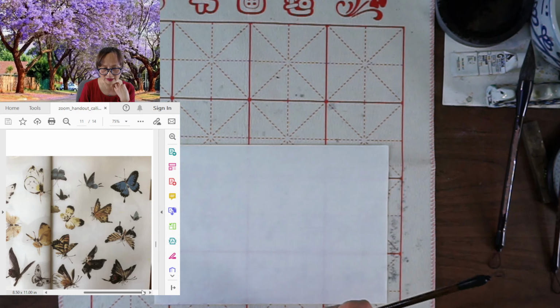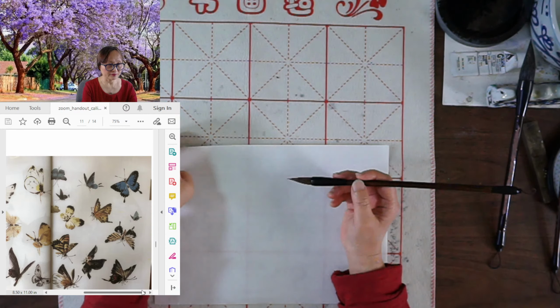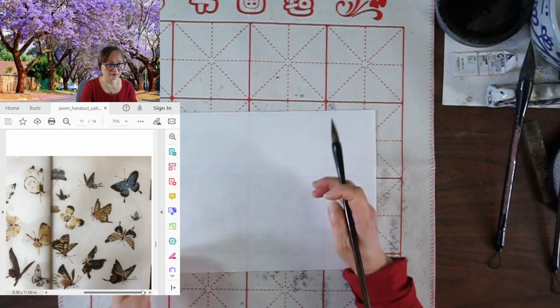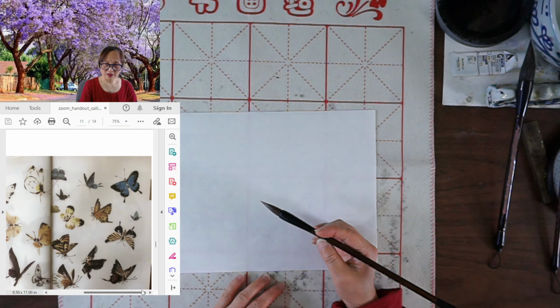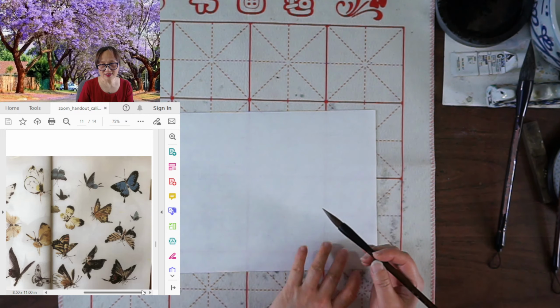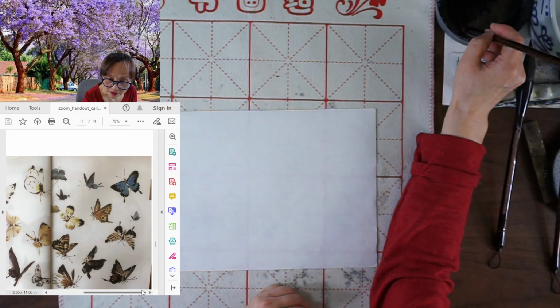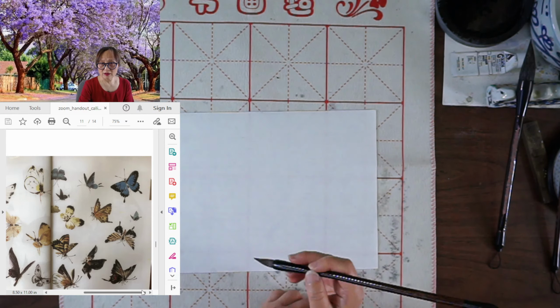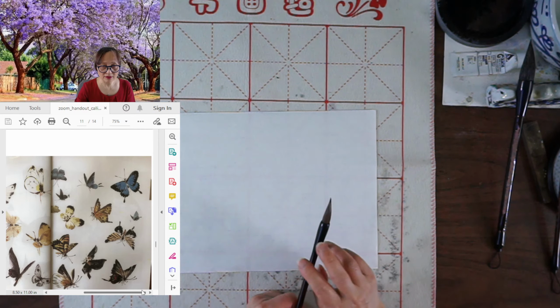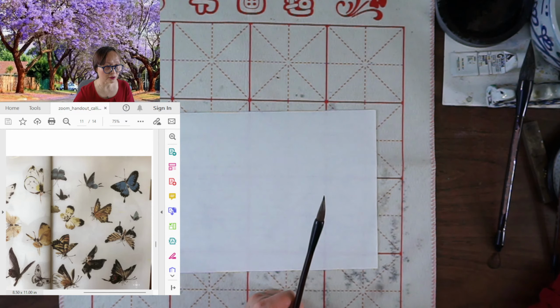Let's do some ink ones. You can study the shape. I'm going to do the, can you see the handout? You see the handout right now?